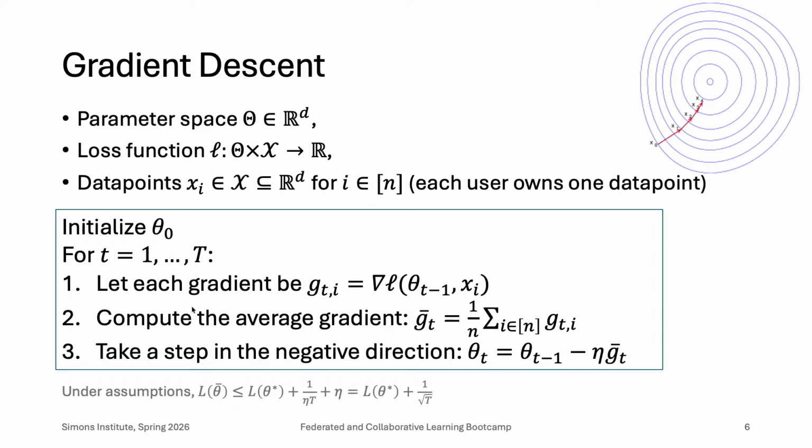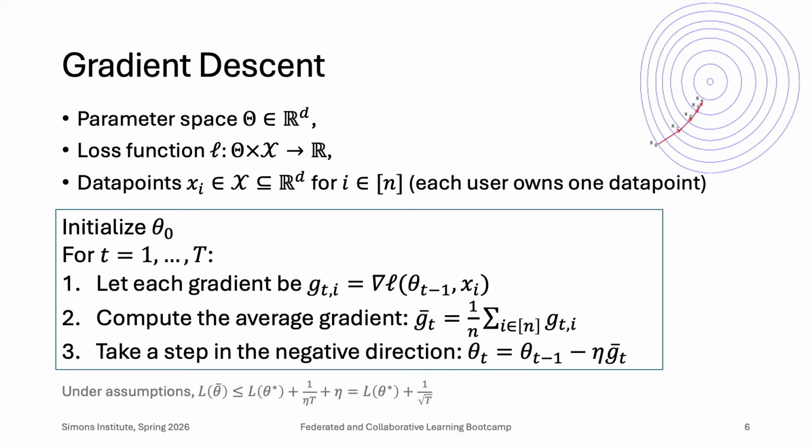And so the typical result under some assumptions looks like this. This is very small, I'm sorry. You get this extra term that depends on eta and t. And you choose eta so that the sum is minimized, and this gets you the 1 over square root t convergence. Good. How do you make this algorithm differentially private?